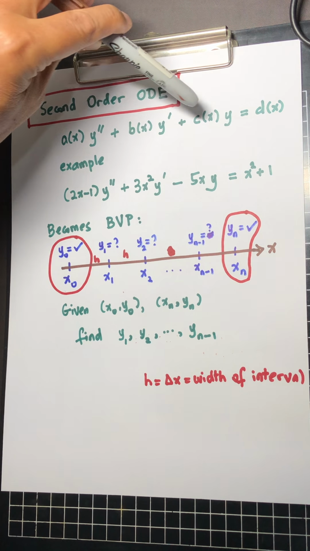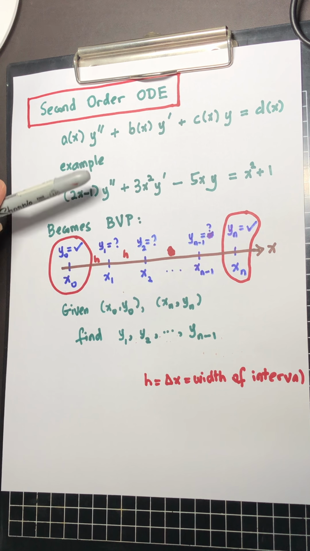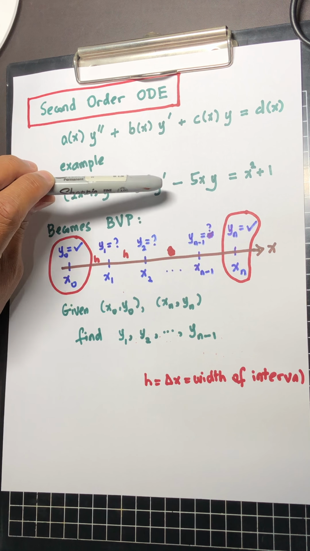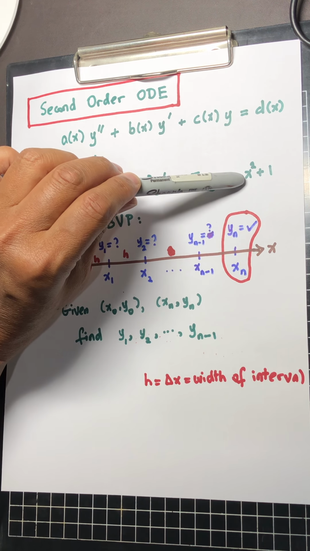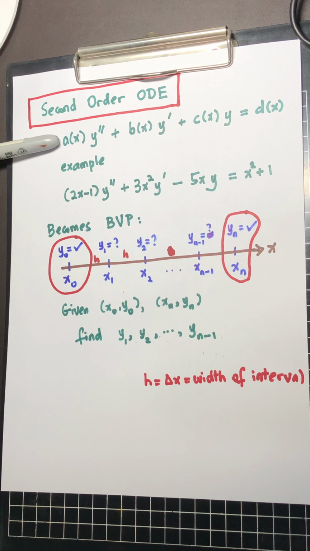A, B, C, and D are functions of x only, no y. Example, this one here, (2x minus 1) y double prime plus 3x squared y prime minus 5x y equal x squared plus 1. So this is one good example. So this kind of equation is called linear ODE. We only discuss linear ODE of order 2 for this problem.